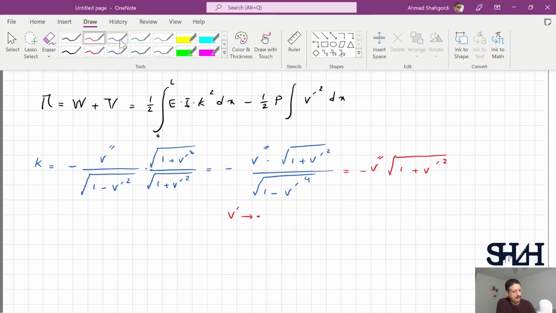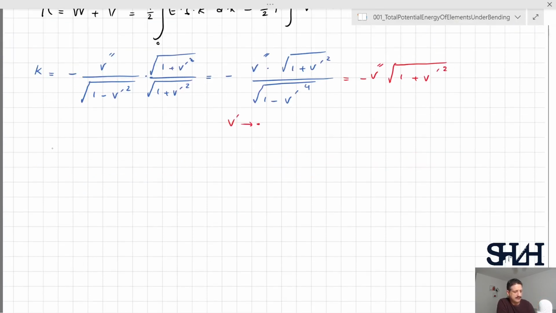Also from the Maclaurin series expansion, we know that if v prime approaches 0, the square root of 1 plus v prime squared can be approximated as 1 plus 1 over 2 v prime squared. So kappa will be the second derivative of v times 1 plus 1 over 2 v prime squared.